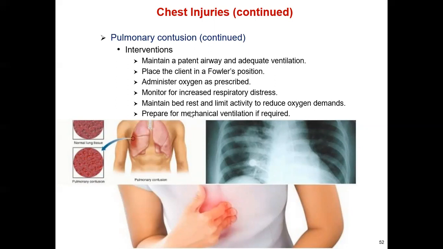Prepare for mechanical ventilation. So in this picture, we can see the contusion and bleeding occur in interstitial areas. And in this radiography, we can see the soft tissue shadow.